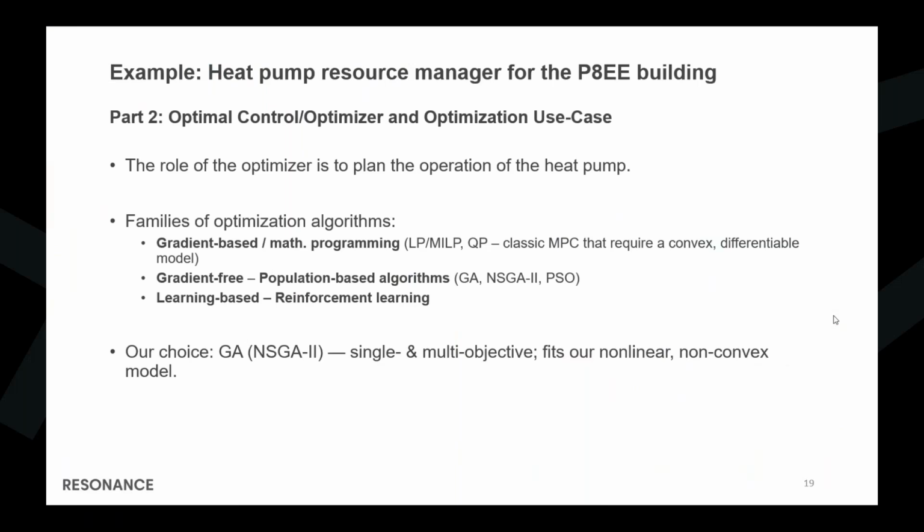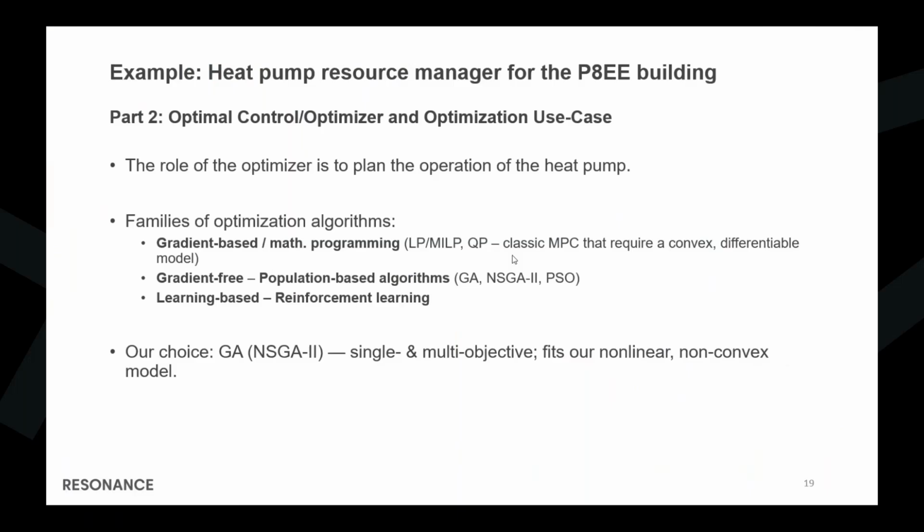And the families of optimization algorithms that we considered during our research are gradient-based or mathematical programming methods, which can include linear programming or mixed integer programming, quadratic programming, which are all classical MPC methods that require a convex and differentiable model.